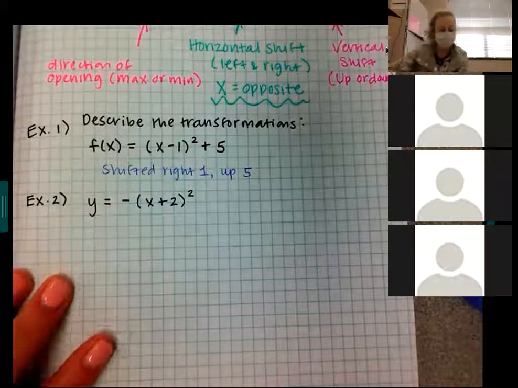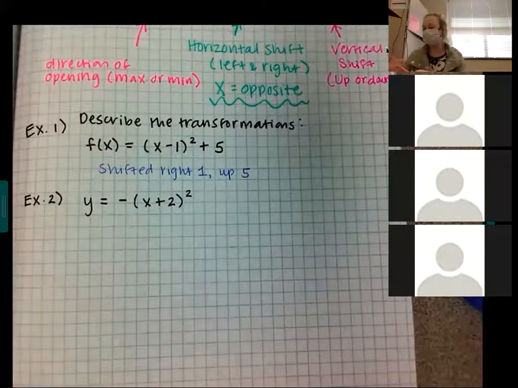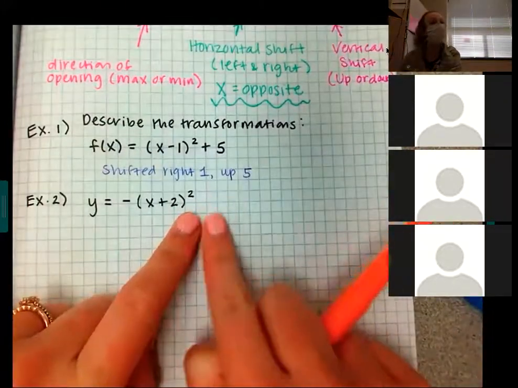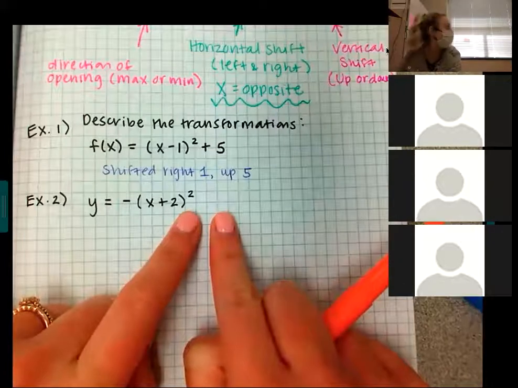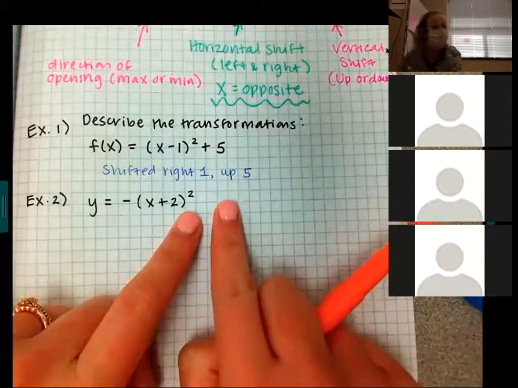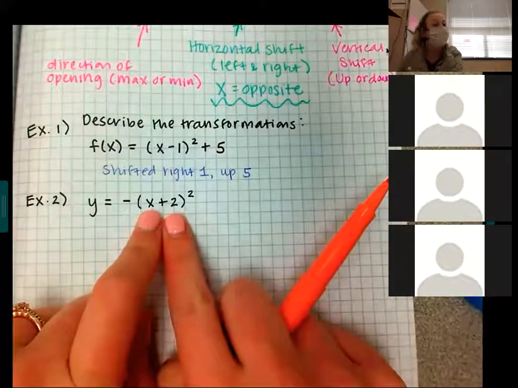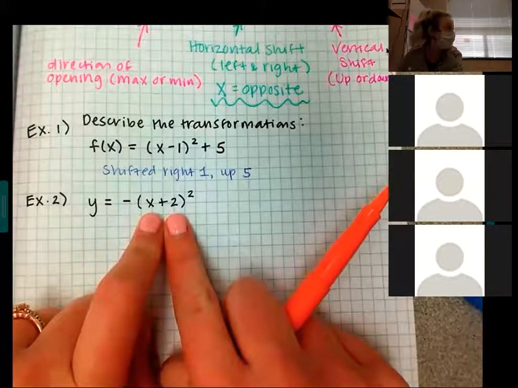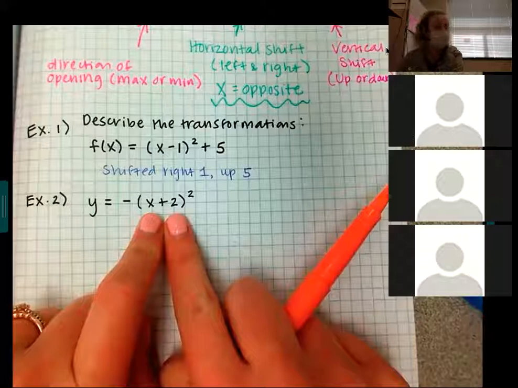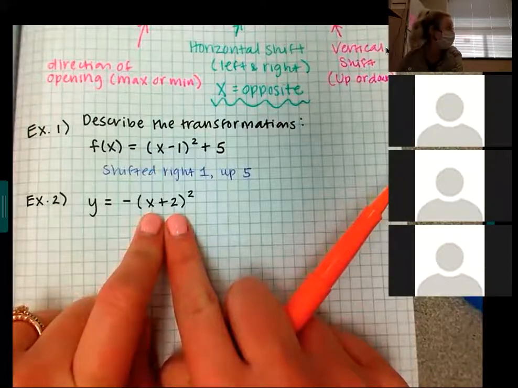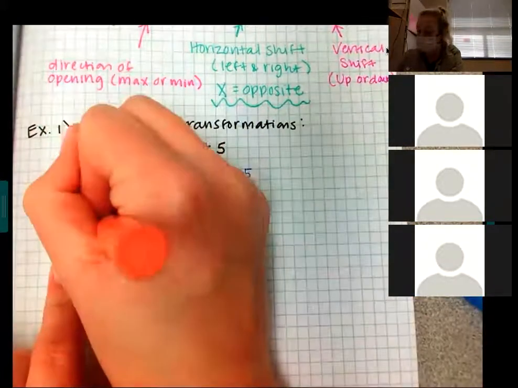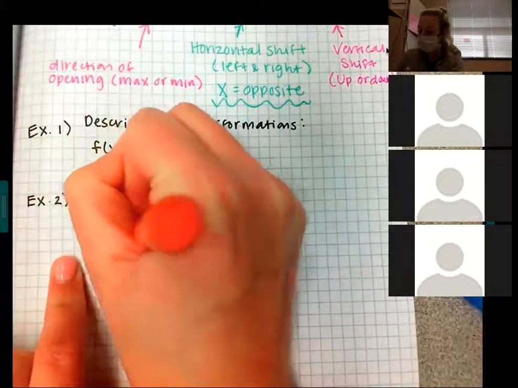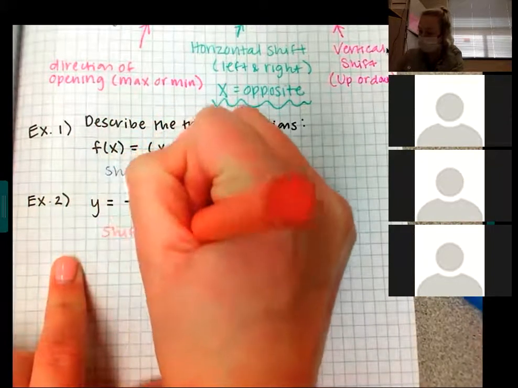Yes. Oh, she is on it. I love you, Beatty. She's getting all the extra credit. There's no number out here, which means it's nothing, right? We didn't move it up or down. So the y is still at 0. Inside with the x always does the opposite of what you think. So she said it shifted left 2, (-2, 0), right? It says +2. That means we shifted it left. So I'm going to say shifted left 2.